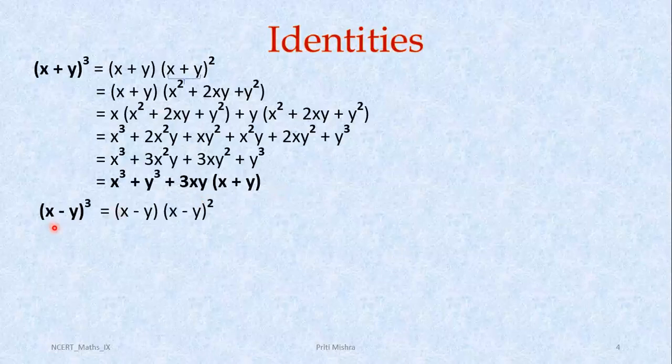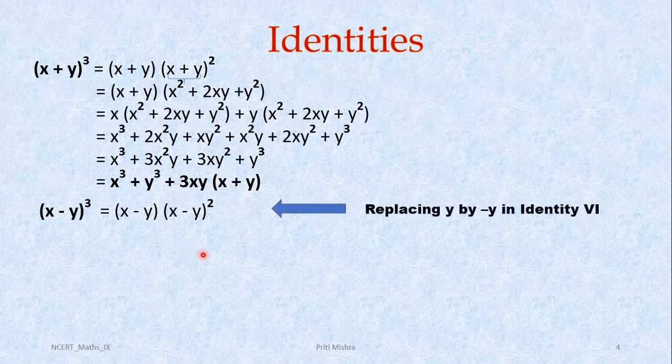Next, we are having x minus y whole cube. This can be written in the same way as x minus y into x minus y whole square, and we can prove it just by following all these steps as it is, only with the difference of the sign, as we are having a negative sign here. On the other hand, we can do it directly just by replacing y by minus y in identity number 6.